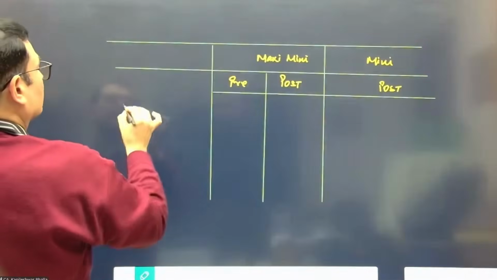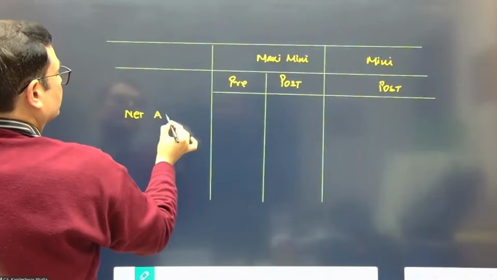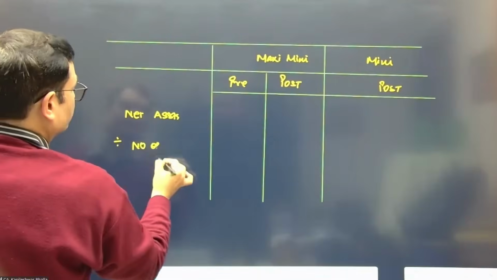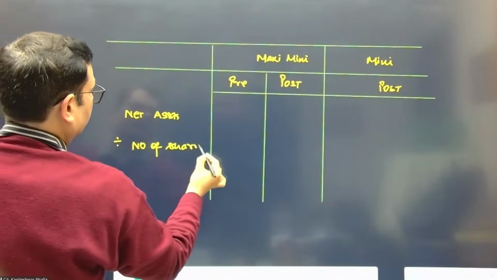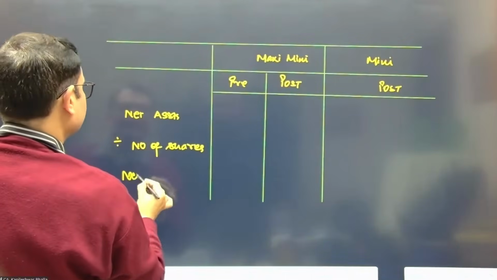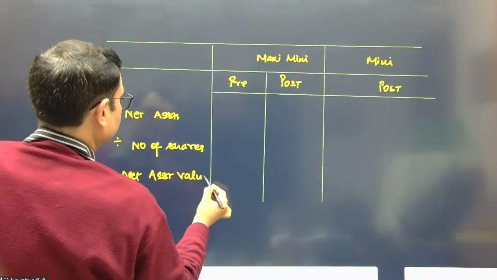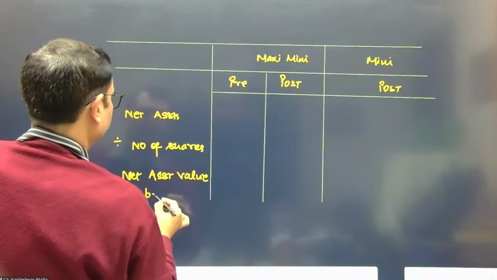And now we need to organize the net assets divided by number of shares, and we get the net asset value per share.